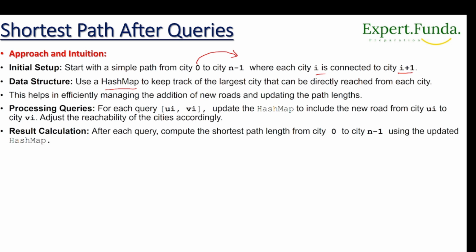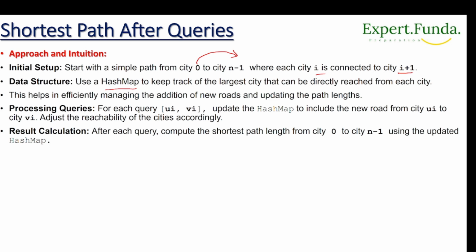After that, once everything is done, after each query we will compute the shortest path length from 0 to n-1 and then update the HashMap. You can pause this video for now and try. If you understand the thought, approach and intuition, you can do it. You have to think in your mind that we have a simple path from 0 to n-1, and every city is connected with the next city i+1.